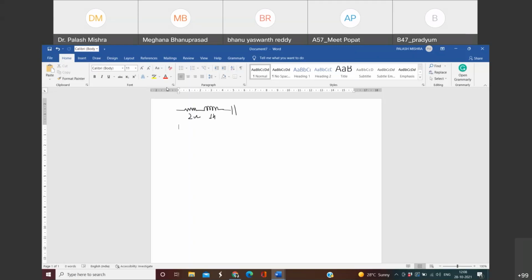And C value is 25 by 9 farads. And it is subjected to a unit step input of 1 times u(t). What you have to find? You have to find out the value of current.